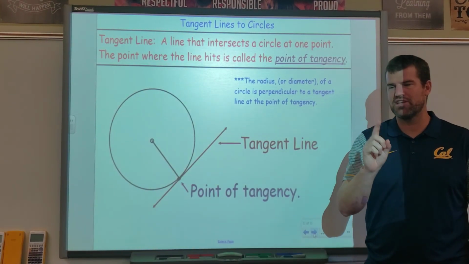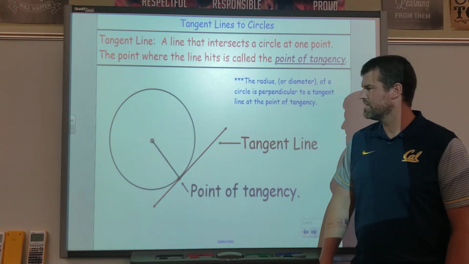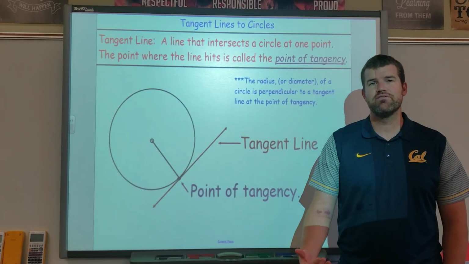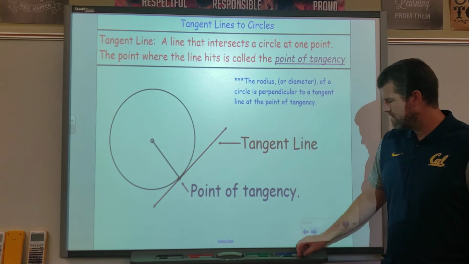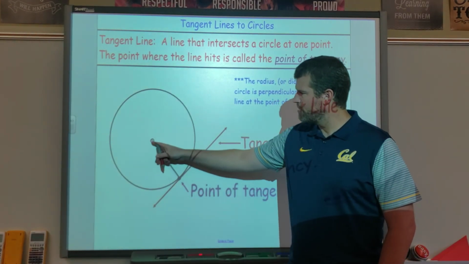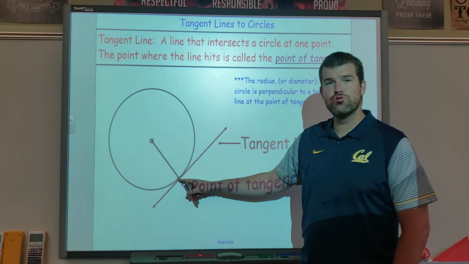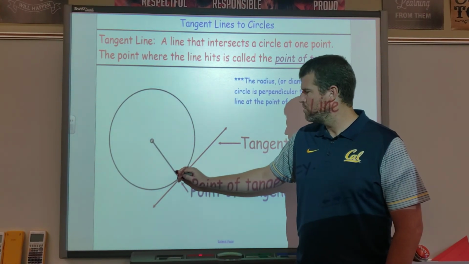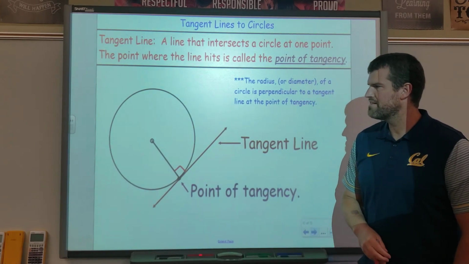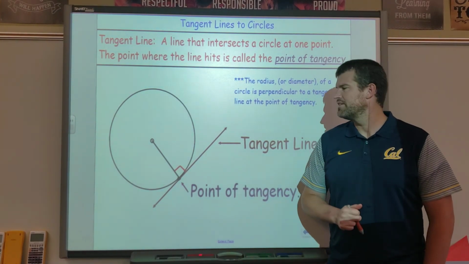Point, singular, one spot where it touches. And the key fact about this that we're going to use to solve lots of problems in our next lesson is if we have a tangent line and then we draw the radius that goes to that point of tangency, we get a right angle, which is going to lead us into lots of problems we can solve using right angles.